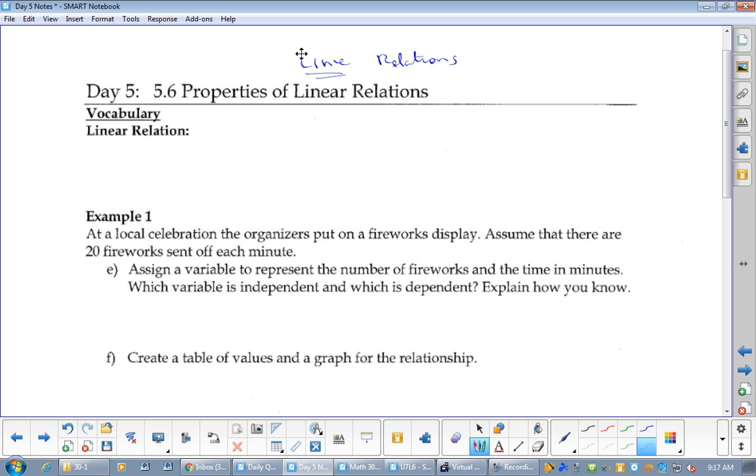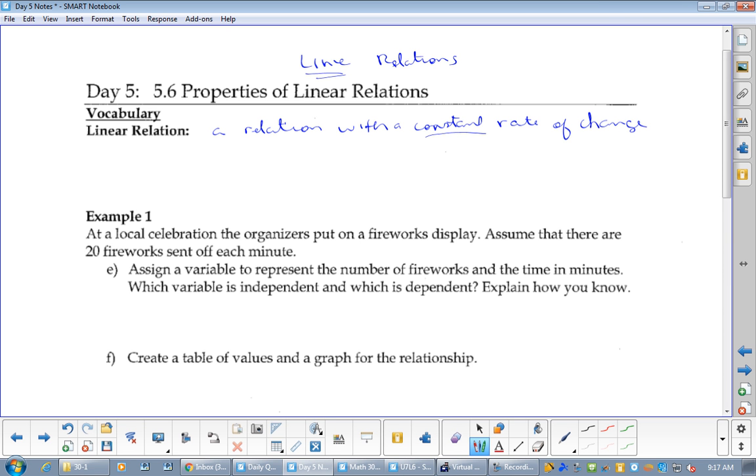A linear relation is a relation with a constant rate of change. So a relation with a constant rate of change.